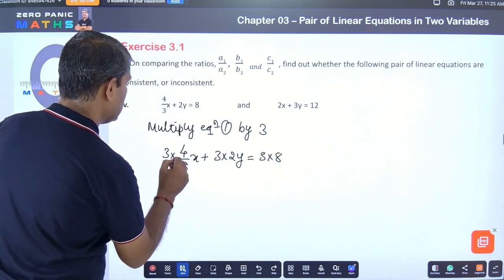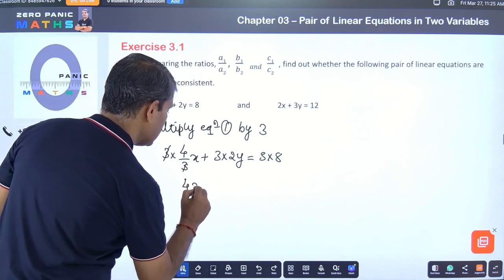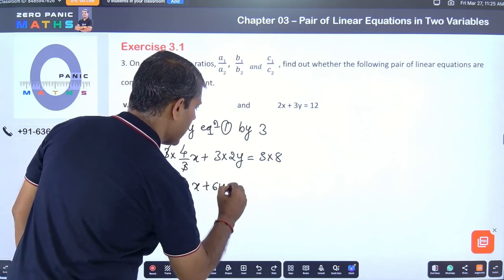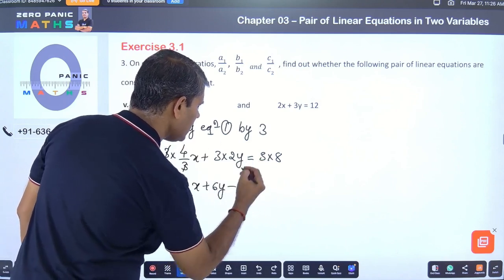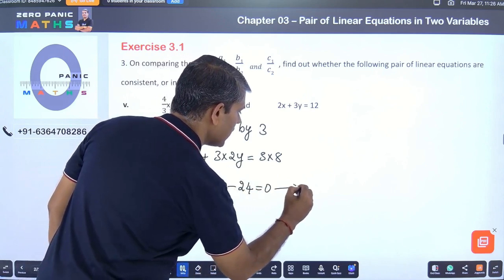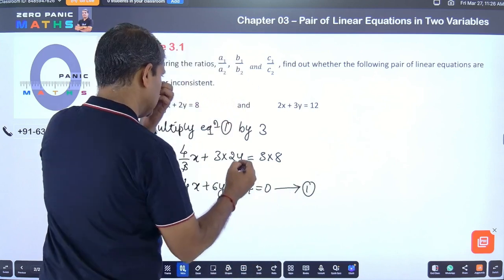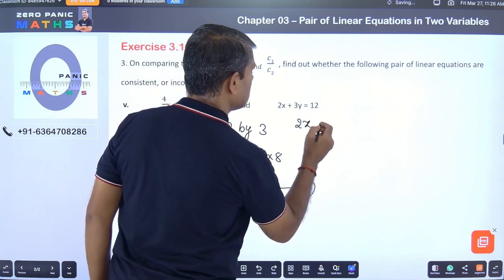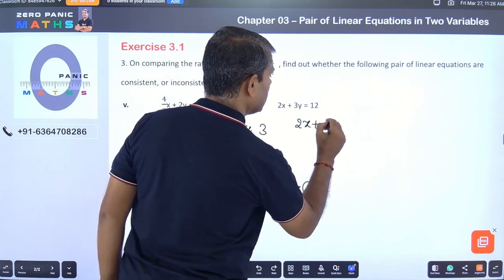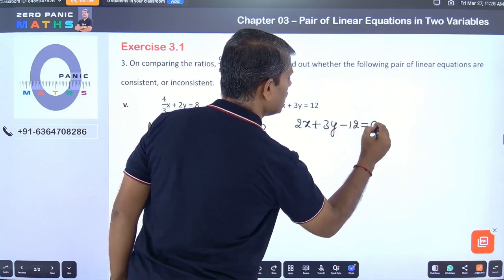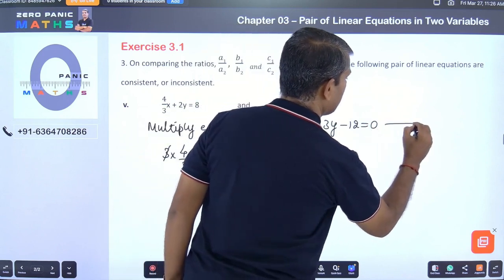The 3 cancels. What I get is 4x plus 6y minus 24 is equal to 0, my equation 1. Modify the second also by taking c2 to the left side: minus 12 is equal to 0. This is my second equation.